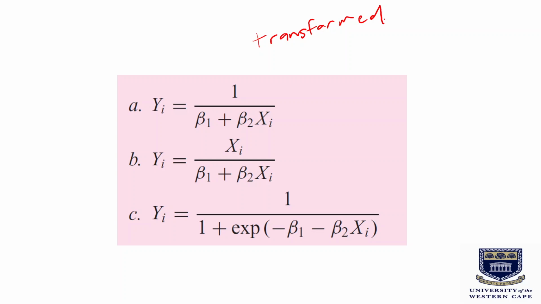And when you have a model that is, as explicitly stated, nonlinear but can be transformed so as to be linear, we say that they are inherently linear. So all of these models are inherently linear in the parameters, or intrinsically might be a better way of stating it.